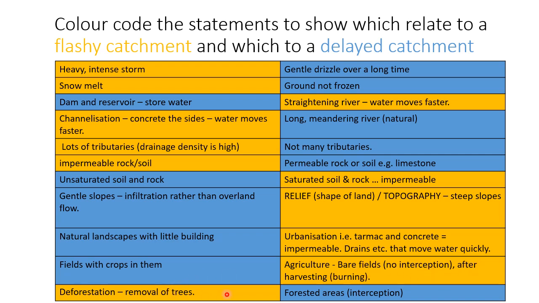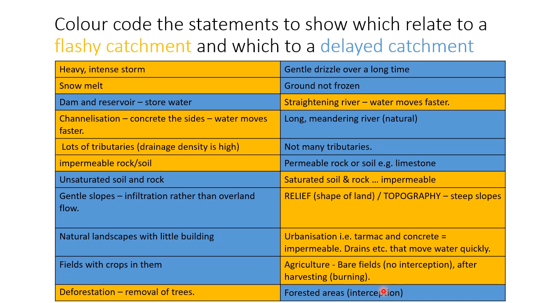If you get rid of trees, less interception. Again, rain hits the soil, more likely to travel over land. And if you plant trees, you're going to increase interception, reduce the amount of water hitting the soil, gives the soil more time to infiltrate, less overland flow.